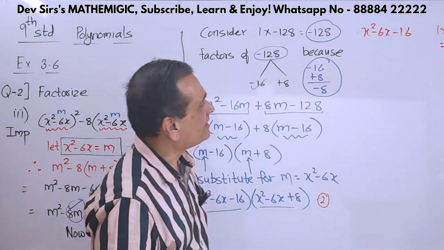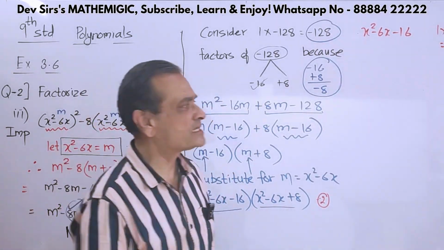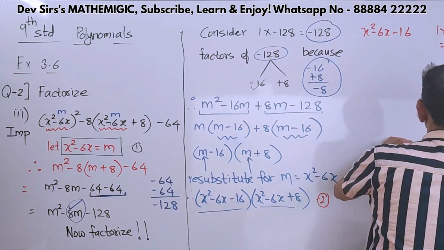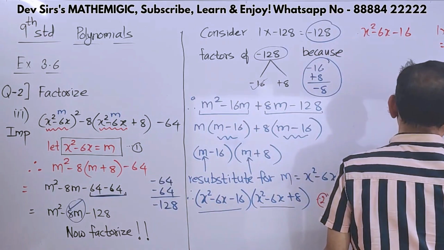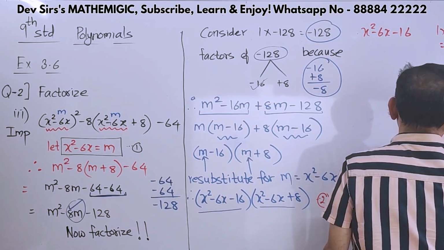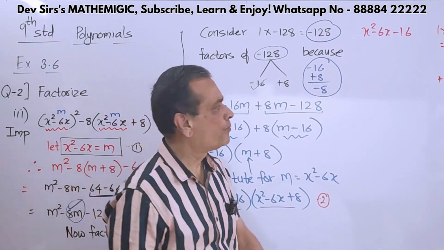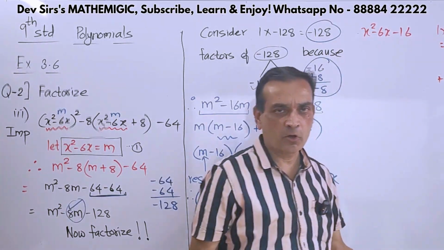Tell me, what factors are you going to bring now? What comes to mind first? 16. Let us try 8 and 2 for 16. Let us take plus 8 and minus 2. Let us see. Plus 8 into minus 2 is minus 16. We have already taken that.